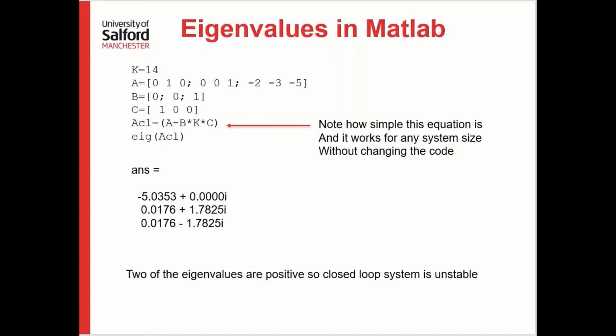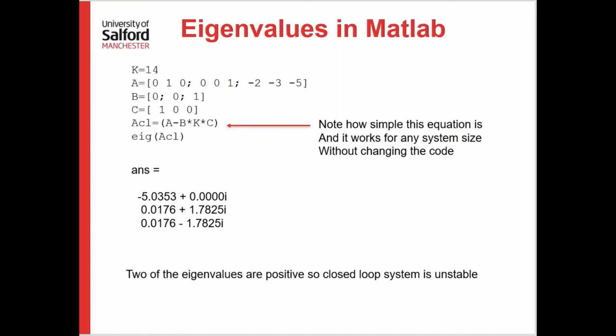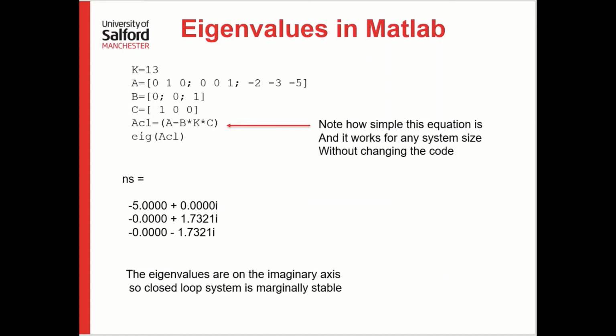With k as 14 though, it's gone unstable because these have gone positive. Notice when it's 4, these are negative, so it's all stable. At 14, it's gone unstable. If we have 13, it's marginally stable. So we know this system was marginally stable at a gain of 13.